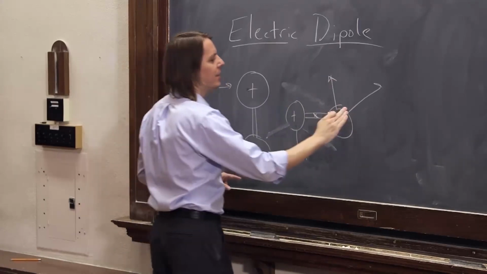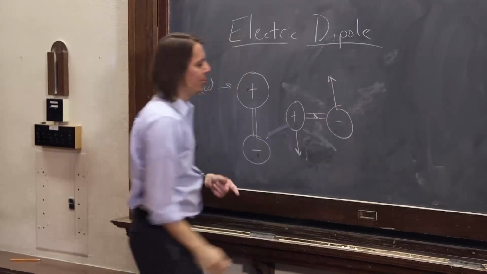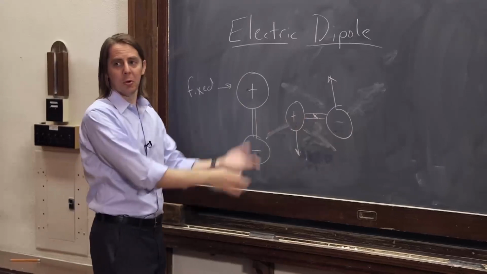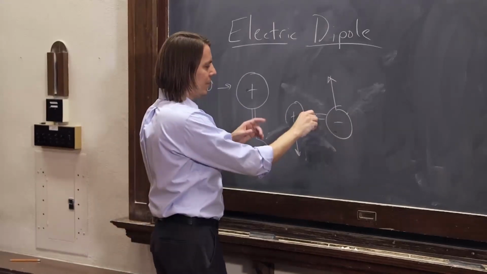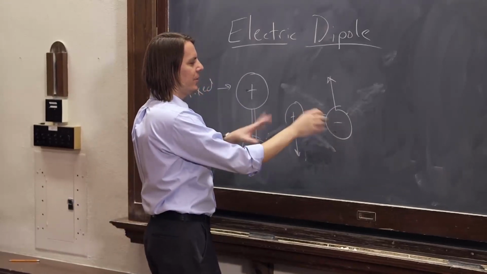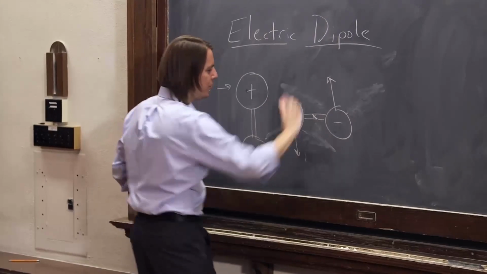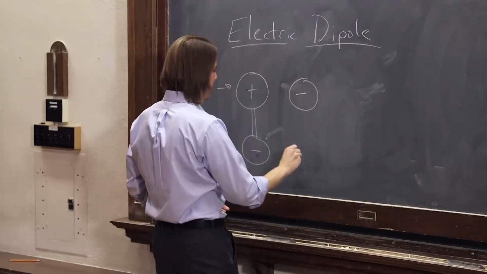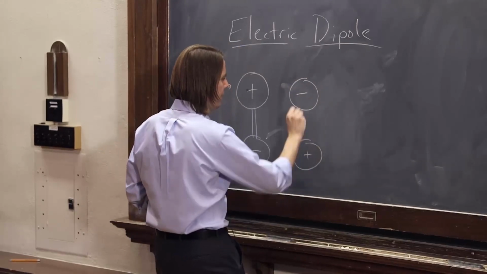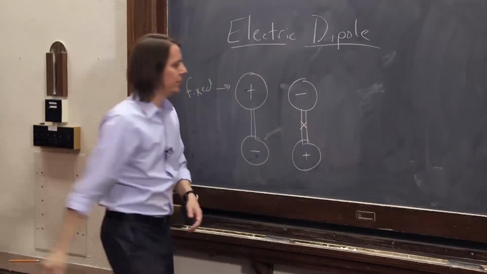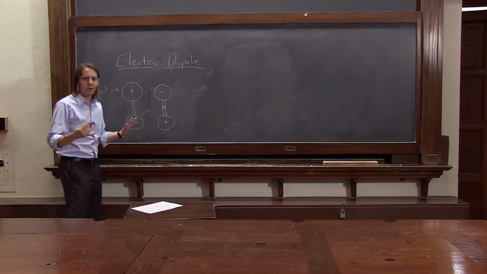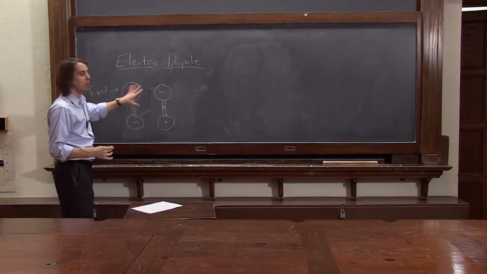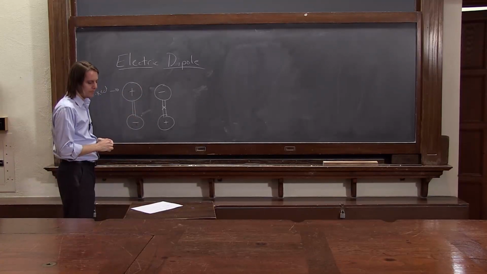So the negative charge would feel a force up. And it's on a pivot point, so it's feeling a torque. It can turn around this point, it's fixed there, and rotate. So what it's going to do in the end is align negative here, positive there on its little pivot point. That's what electric dipoles like to do. This is the lowest energy state, is what you'd say.